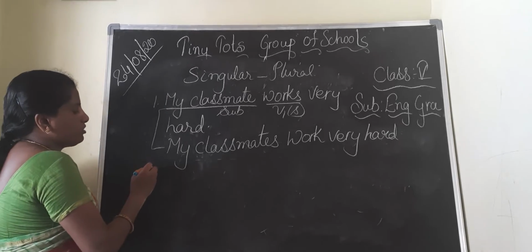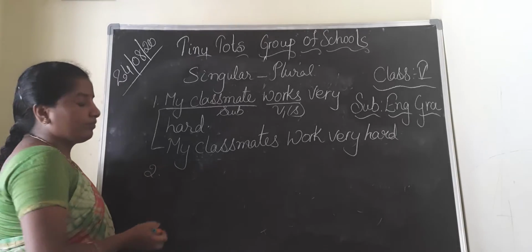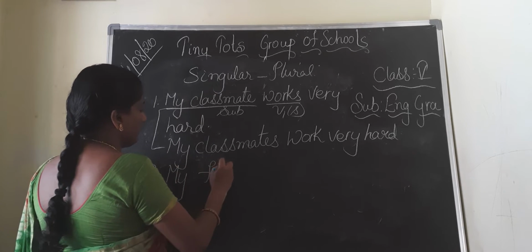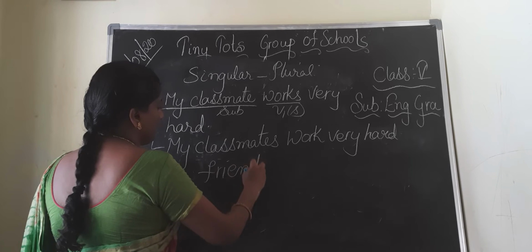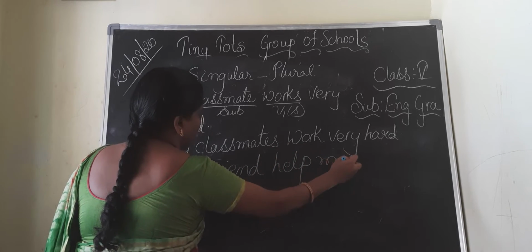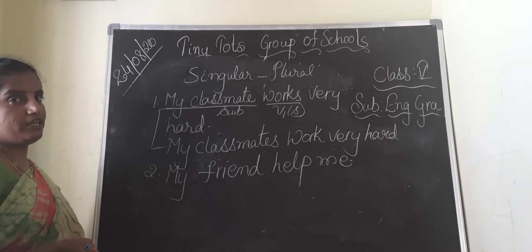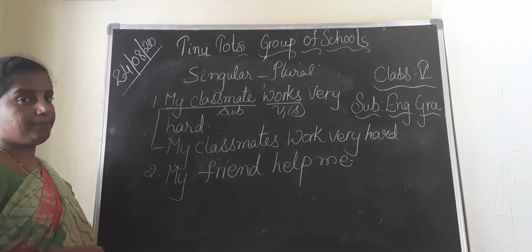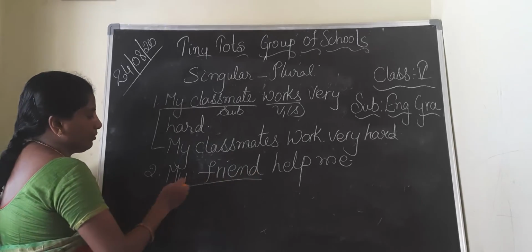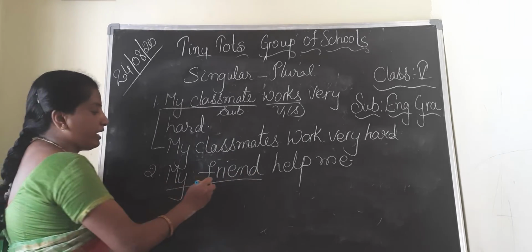Okay. Now coming to the second one, children. My friend helps me. Suppose this is a statement, children. What is the subject here? My friend. Who is the doer of the action? My friend.